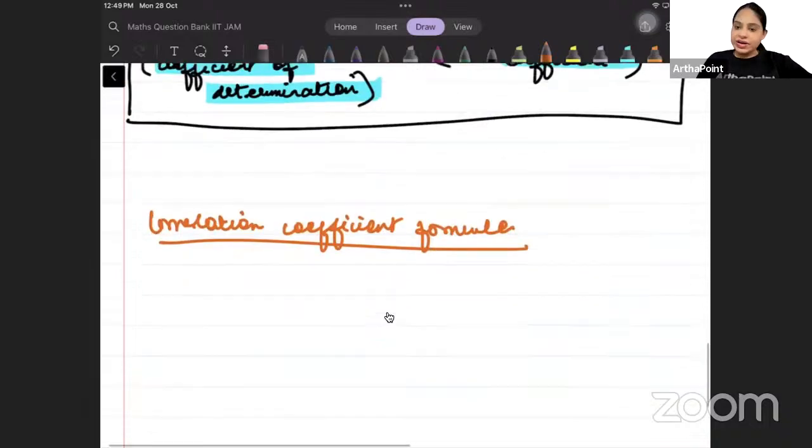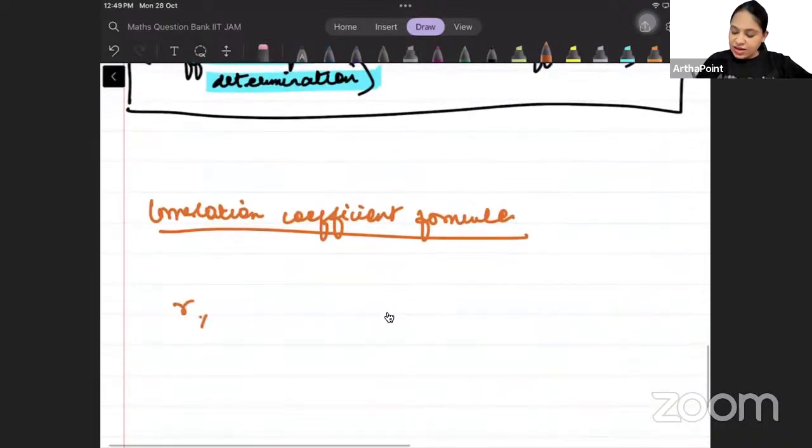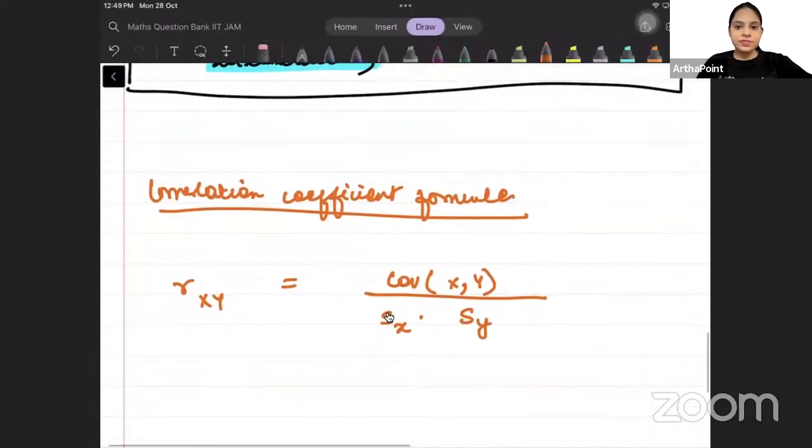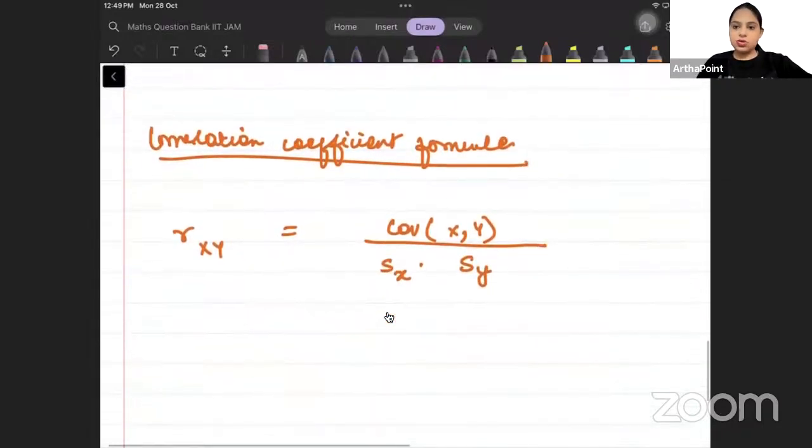So we can say that the R between two variables x, y can be written as covariance of xy upon the standard deviation of x into the standard deviation of y. Right? This is the formula which can be used.